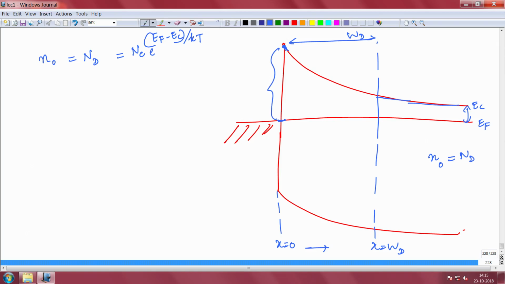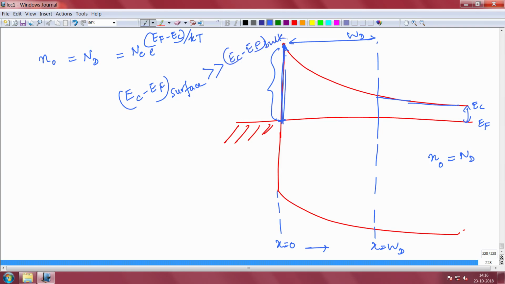Of course the material is depleted, and that is why there are much fewer electrons at x equal to 0, because EC minus EF at the surface is huge, much larger than EC minus EF at the bulk.